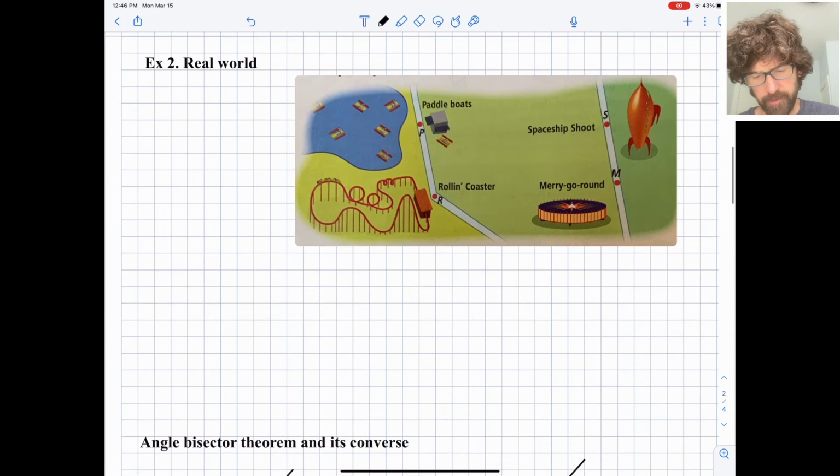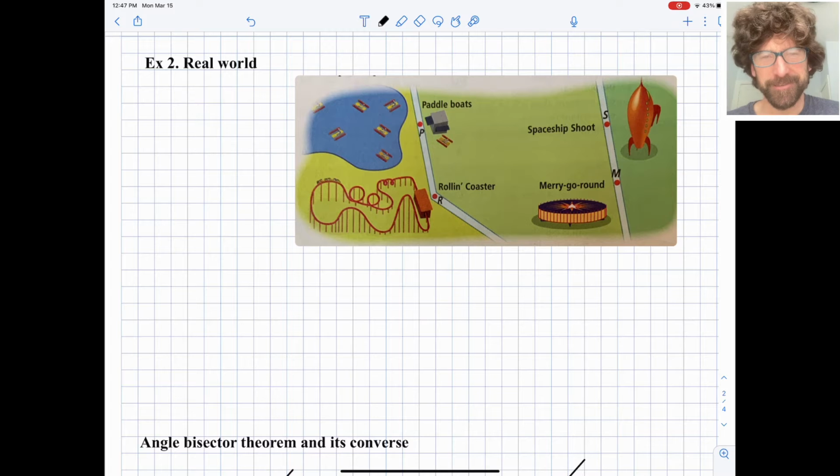All right, and then in a real-world scenario, this is a hypothetical visual map of an amusement park with some rides, some boats, some merry-go-rounds and stuff. Let's say you have the opportunity to put in a business.